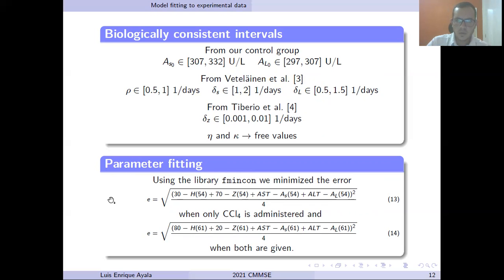The parameter fitting was done using the function fmincon defined in MATLAB, and we minimize the error, this function, when only carbon tetrachloride is administered. This value corresponds to the healthy hepatocytes, 30% for the cirrhotic group, and this is the value of the equation at the end of the experiment.